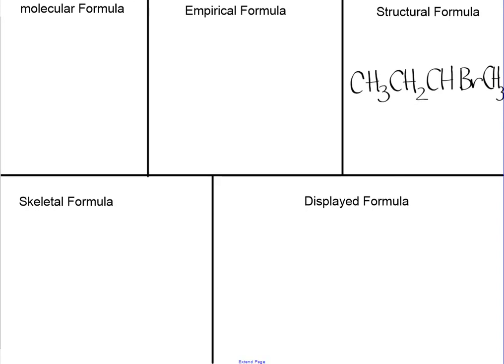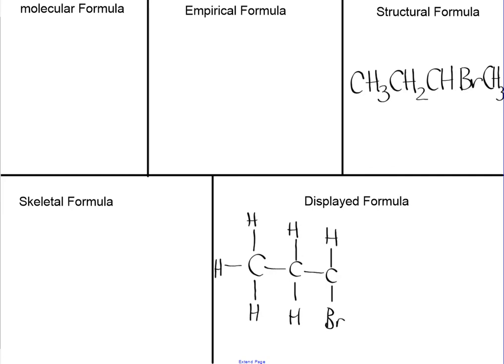You take the first C and you put 3 H's on it, take the second C and you put 2. Then you take the next one and you put 1H and 1Br. It doesn't matter whether you go up or down, as long as you get 1H and 1Br. And then you take the last C and you put 3 H's.